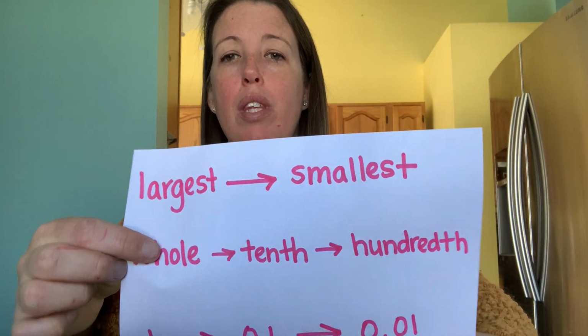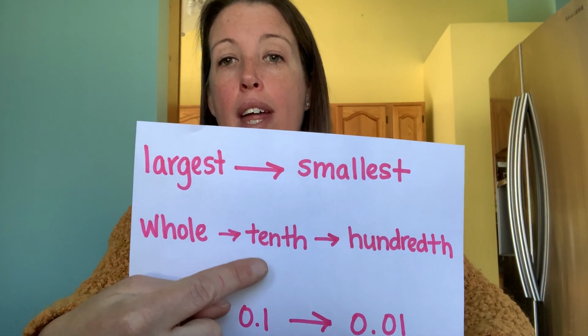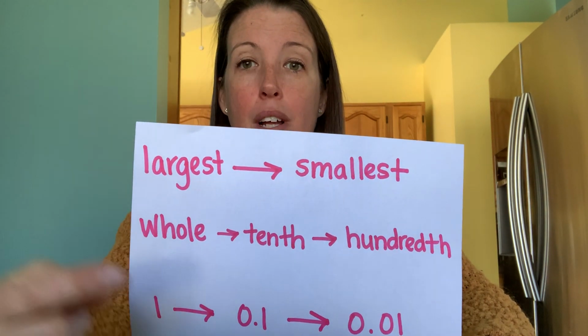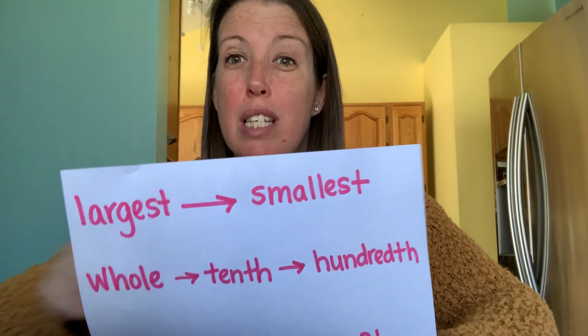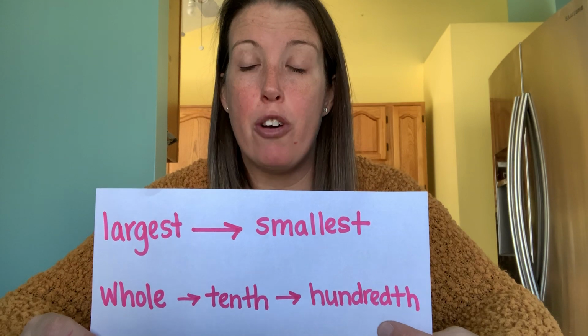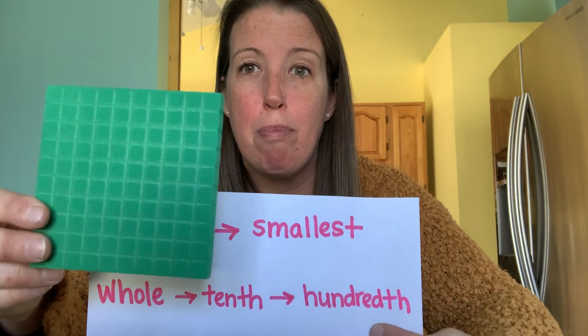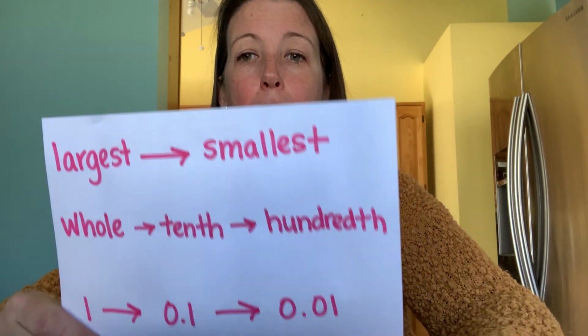And if we think about it in relation to each other, from largest to smallest, my whole is the largest, then my tenth, and then my hundredth is the smallest. Even though we see that word 100, it doesn't mean it's large. It actually means it's super small because we need 100 of them to get back to this whole, okay?